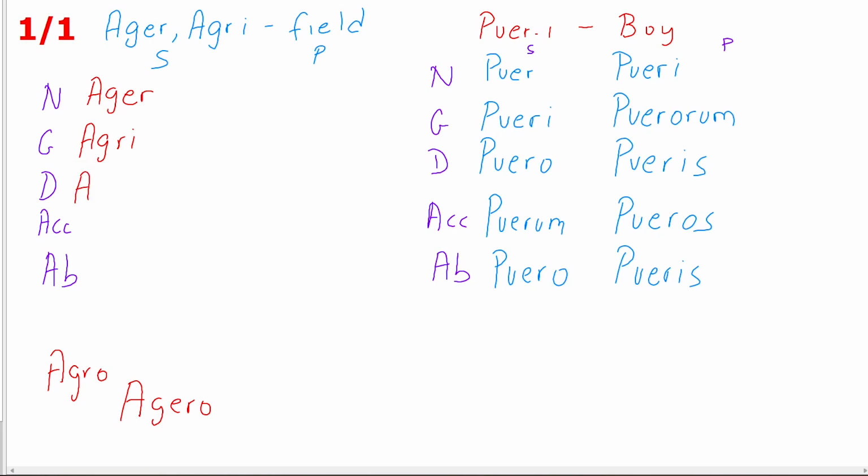So therefore dative singular would be agro, accusative singular would be agrum, then ablative singular would be agro.